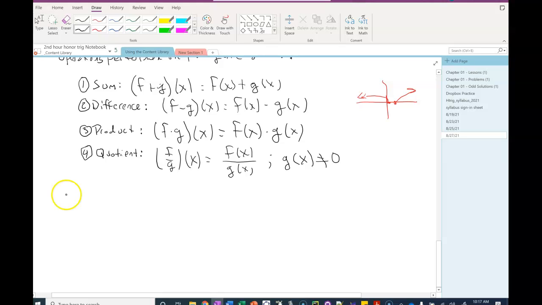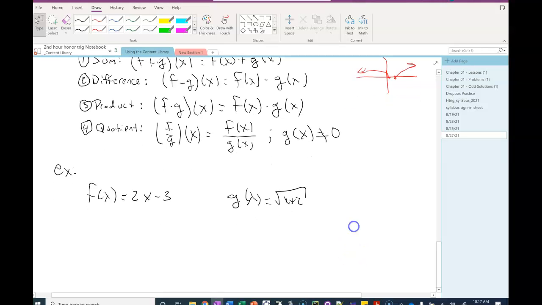So let's do a specific numeric example here. Let's say f of x is 2x minus 3, and g of x is the square root of x plus 2. And let's just do a couple of function operations here.